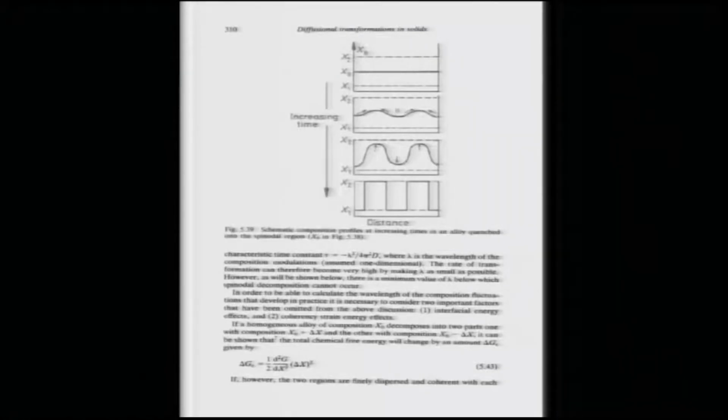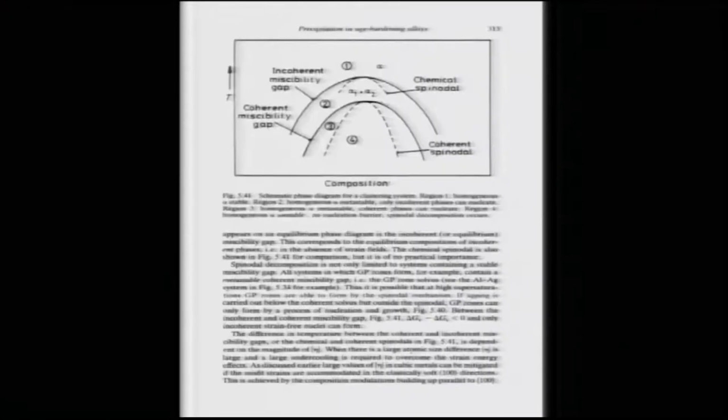And as you know, there is always interfacial energy because of this compositional fluctuation. That is what I discussed in the last class, that is what is called gradient energy, and gradient energy is given by this expression. Okay, gradient energy is given by, what is that?